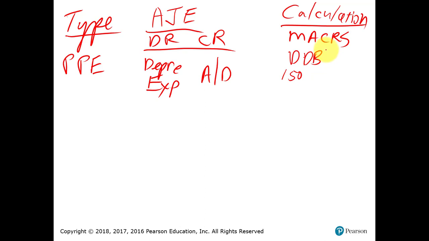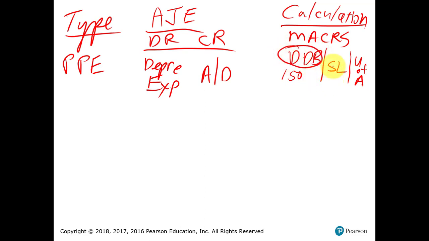Or maybe even slower than that, using the straight line method. Or if you think that the units of activity method is more reflective of how fast you can depreciate this asset, then maybe you can use this method. But the most common, especially for the equipment, would be the declining balance.